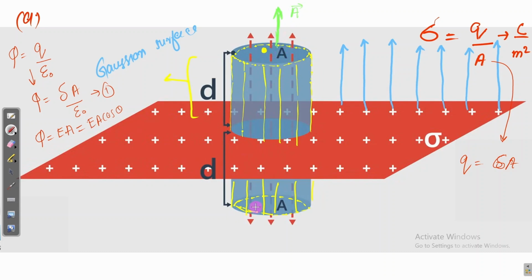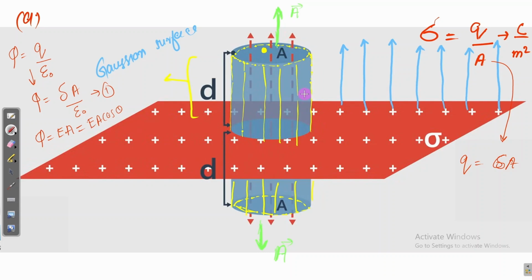Similarly, at the lower side, the direction of the area is also in this direction. Okay, this is the direction of the area. And similarly, the flux also passes through the walls of this cylinder.